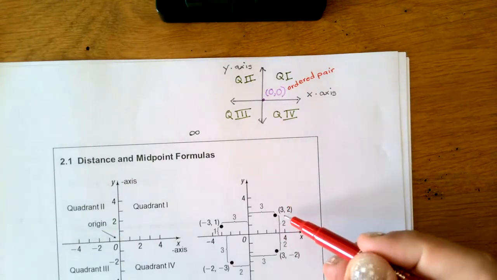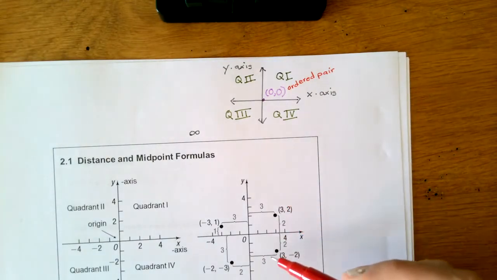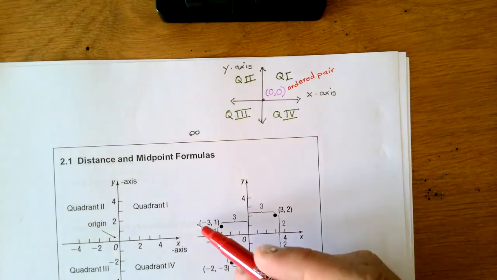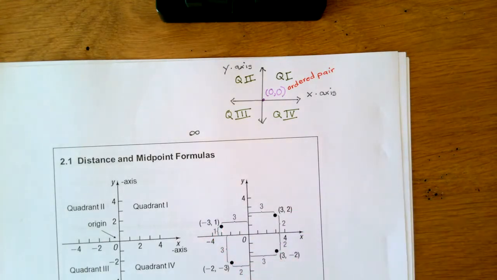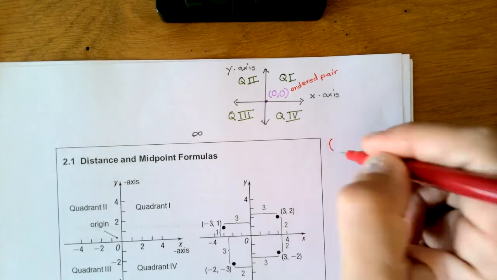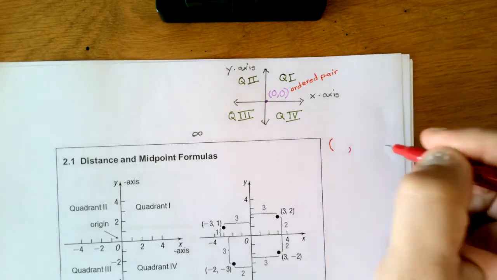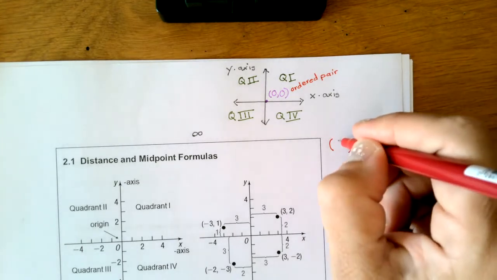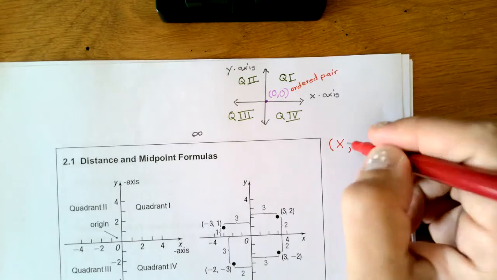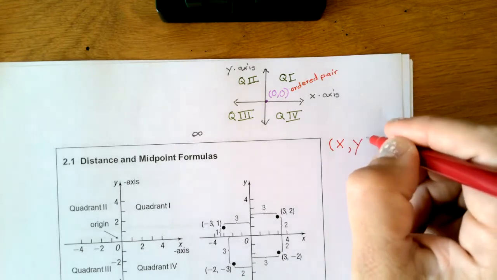Down here we have the ordered pair 3, 2, 3, -2, -3, 1. All right, so it's parenthesis, the first number, a comma, and then the second number. The first number is always your x. The second number is always your y value.